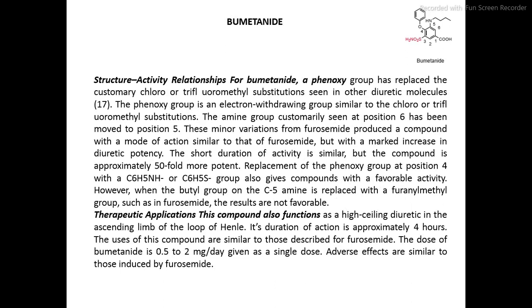Our next drug in the series is ethacrynic acid, as ethacrynic acid is quite different from the first two compounds, that is furosemide and bumetanide. Ethacrynic acid is a phenoxyacetic acid derivative, a high ceiling diuretic, and it is the only prototypic drug molecule in this series.